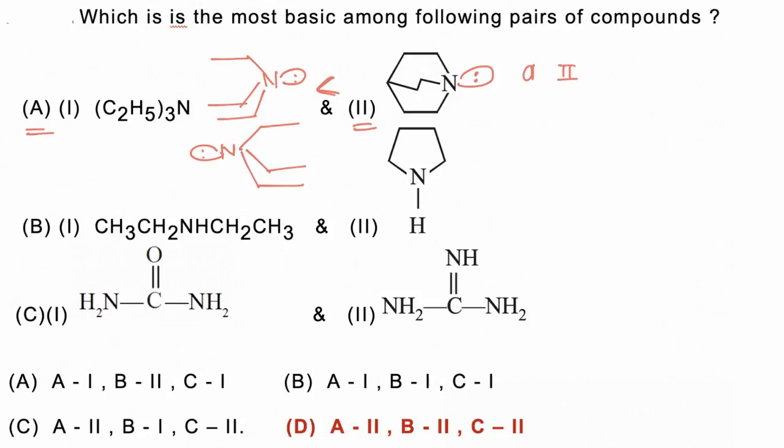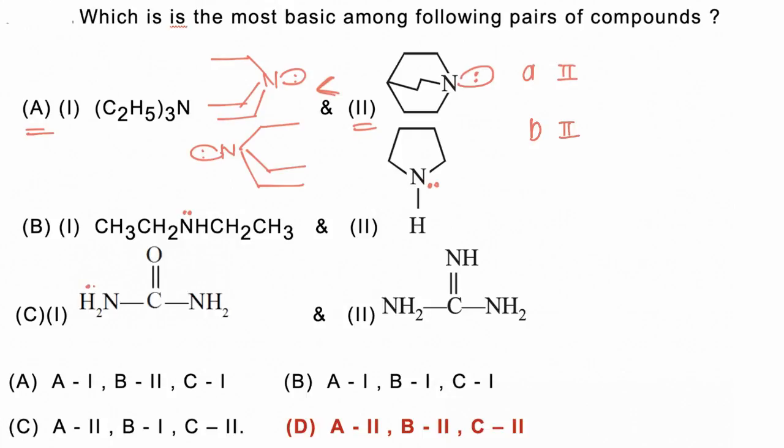Similarly in option B, in the first case nitrogen is present in an open chain, here nitrogen is present in a ring, so in the first case due to flipping basic strength will be comparatively low, while the second is more basic than the first, so in B again the second is more basic.